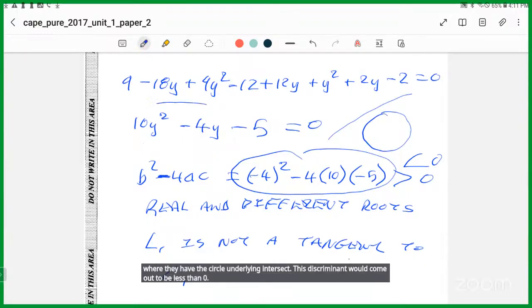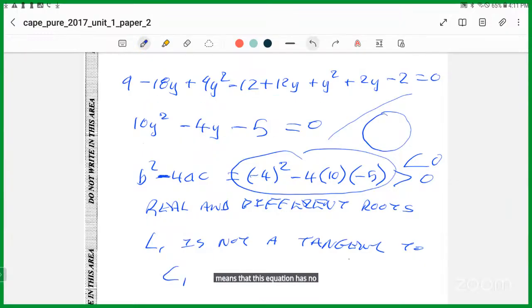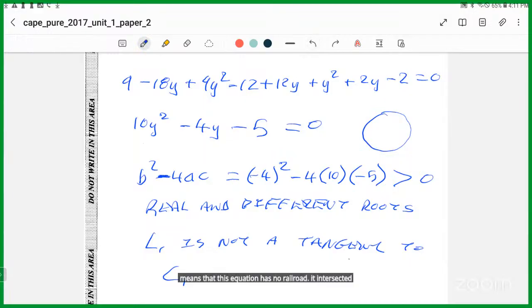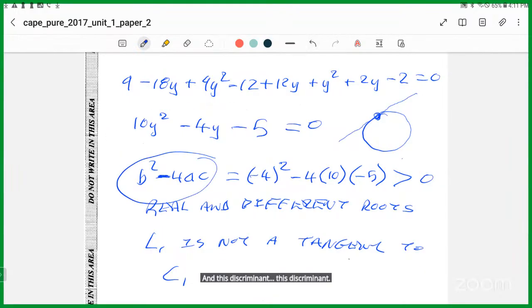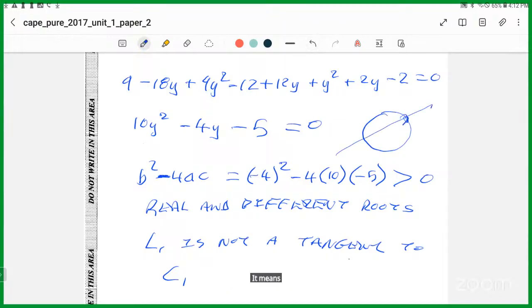It means that this equation has no real roots. Right? If it intersected at only 1 point, which means that it would be a tangent, then this discriminant would be equal to 0. In this case, the discriminant is greater than 0, it means that we're getting 2 different points of contact, which means it is not a tangent. Alright. Hope everybody understands that.